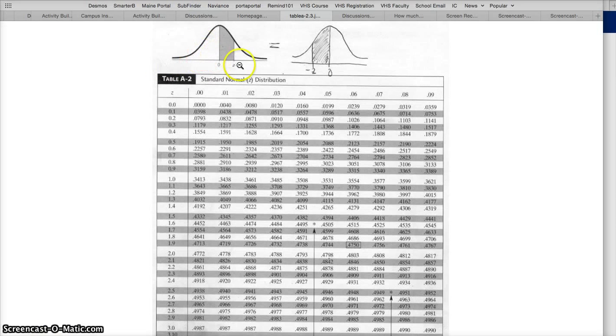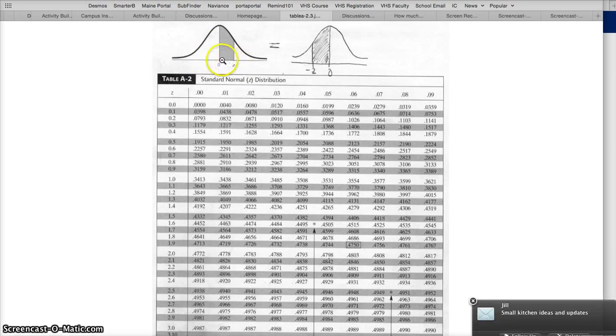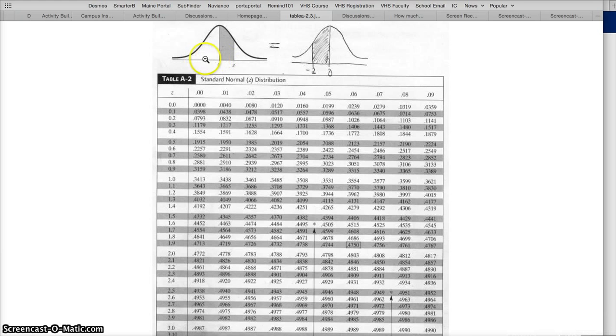So what it's giving me though is this area right here, which is the same as the area between my z-score and the mean. So what I want to do is, since I want to know, say my z-score is right, giving me this value right here, I want to know what's here. So I take this area and subtract it from 0.5.